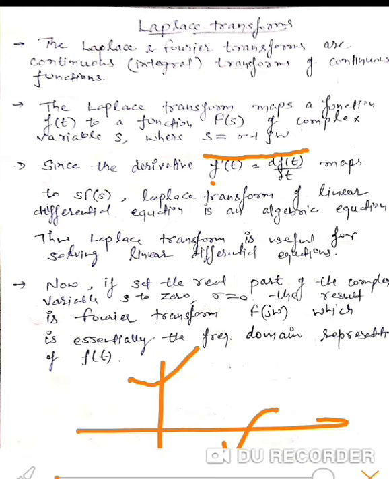So s can be written as a function of both sigma and omega. If we make sigma equal to 0, then what we will get is the Fourier transform. That is, for sigma equal to 0, s will be j omega only, and it will give us the Fourier transform, as we have already learned in the second unit.